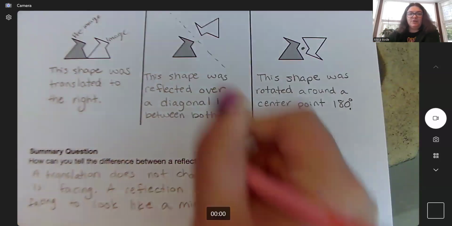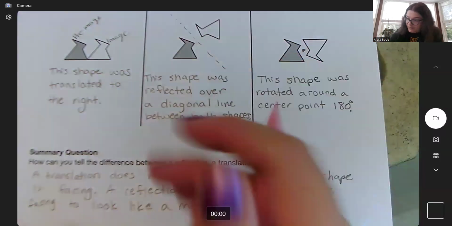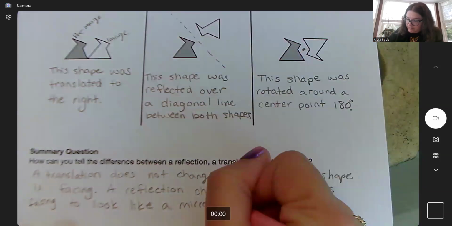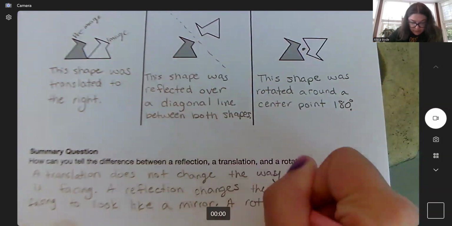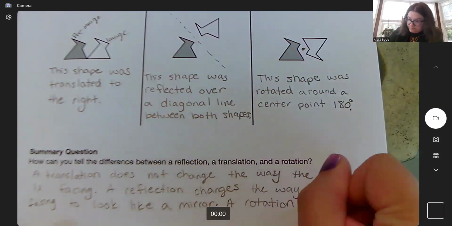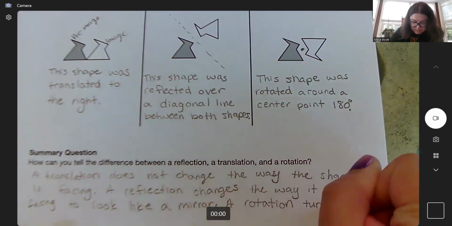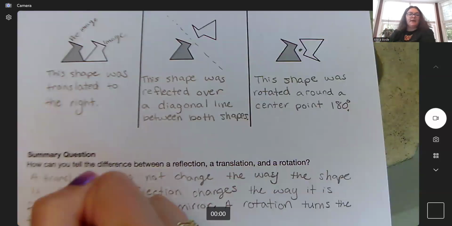So if this line here was a mirror, it's looking back at itself. It has been flipped. And a rotation turns the figure.